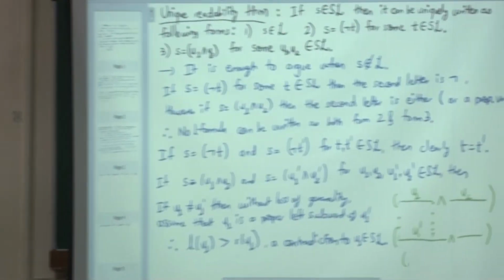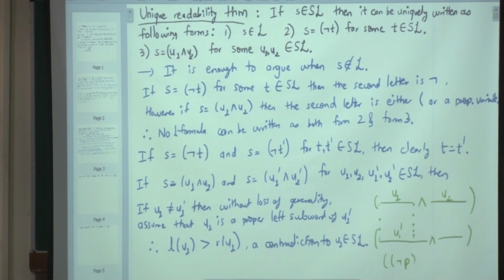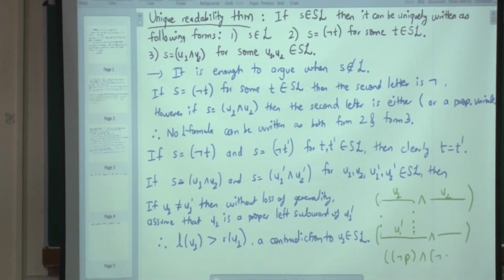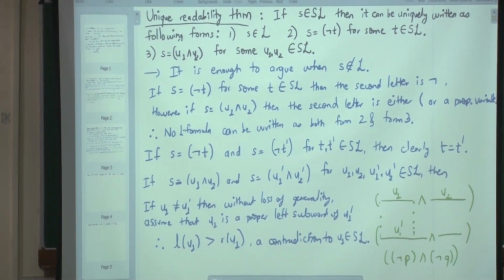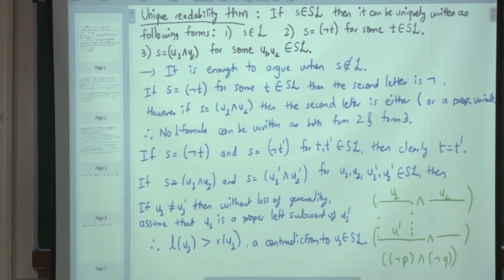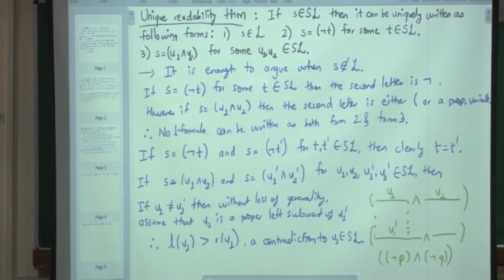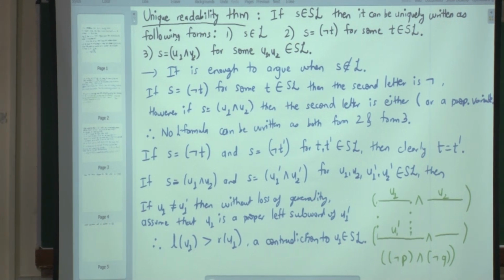See, let us take an example. Negation P, conjunction negation Q. Is this good enough for you? Maybe I'll take two things.